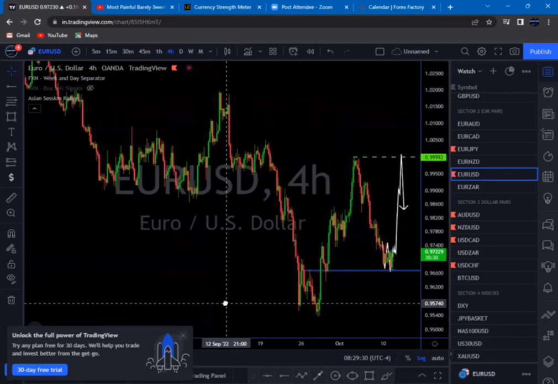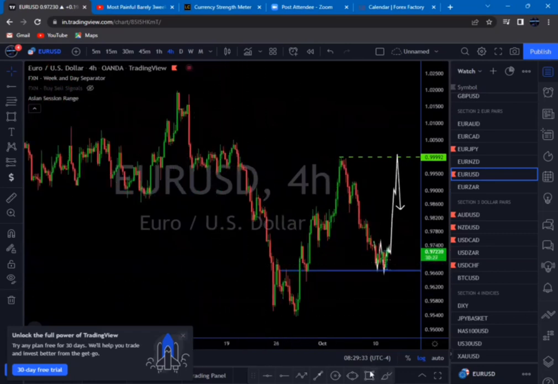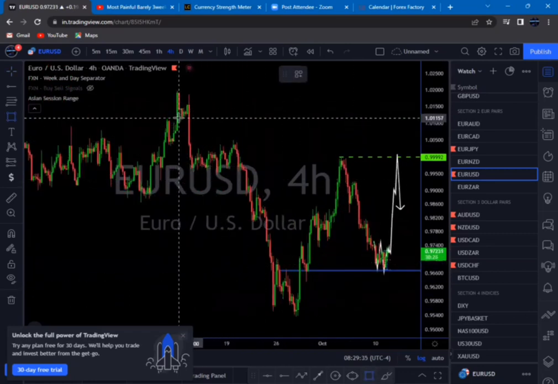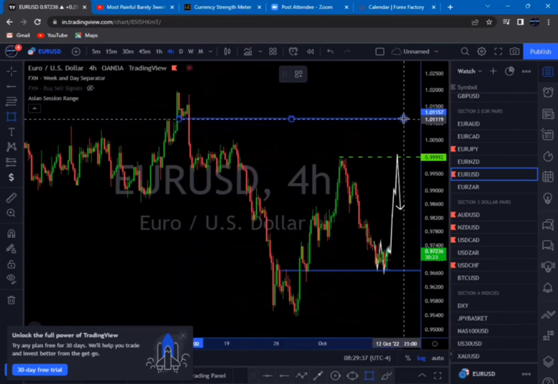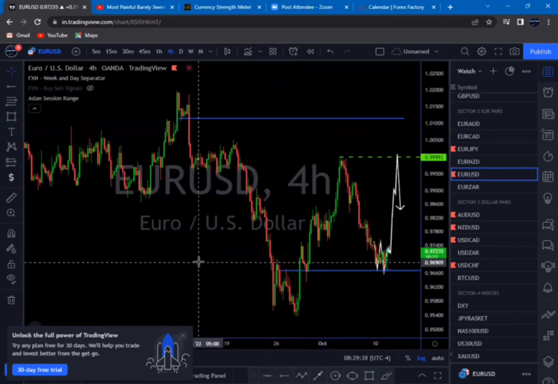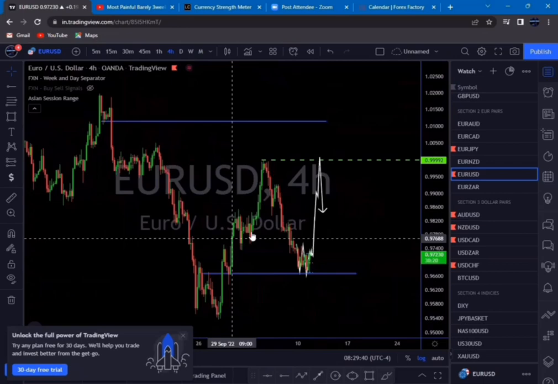That is why I told you guys, focus on looking for buy opportunities in Euro-USD. Once we get that buy opportunity, I'm looking for price to come back either to these highs. There is a likelihood price will come back to this order block. Then after they mitigate that order block, we start getting our sell opportunities.